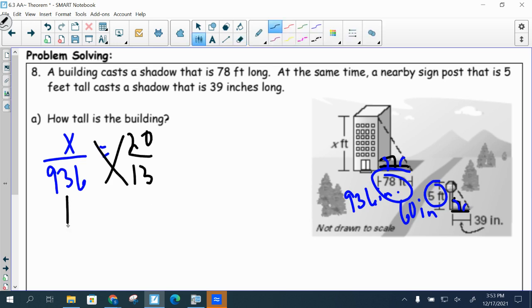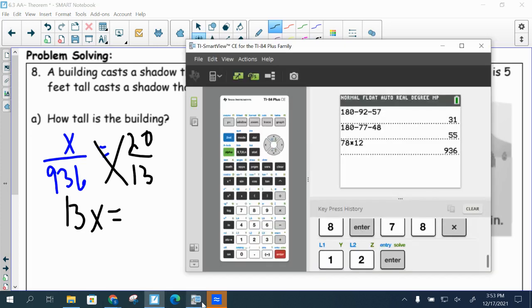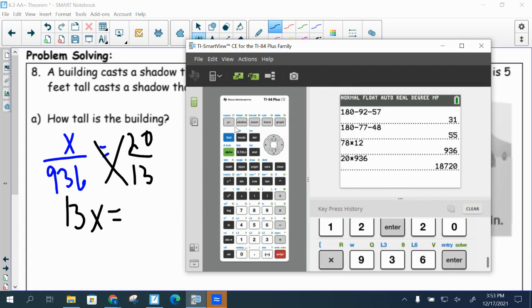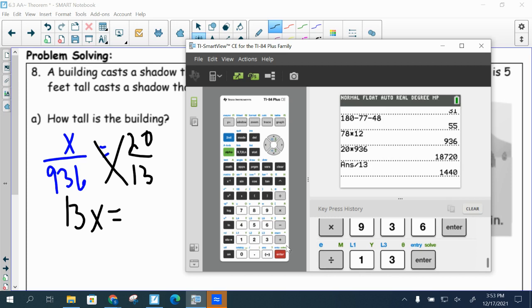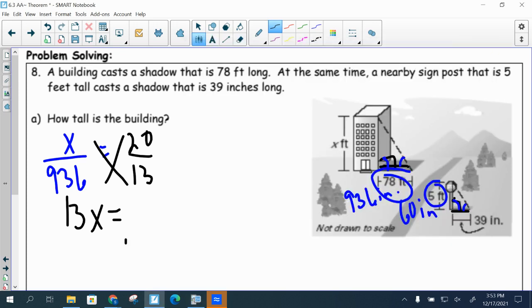So if I cross multiply, I get 13x equals 20 times 936, which is 18,720, and if I divide that by 13, I get 1440, and if I divide that again by 12, I get 120. So 120 feet is the height of the building.